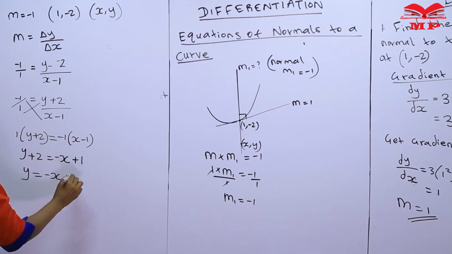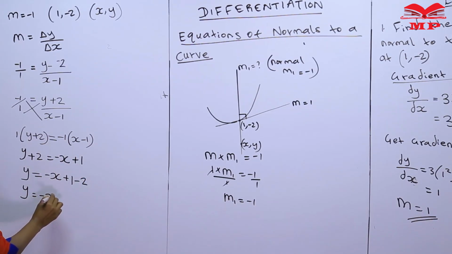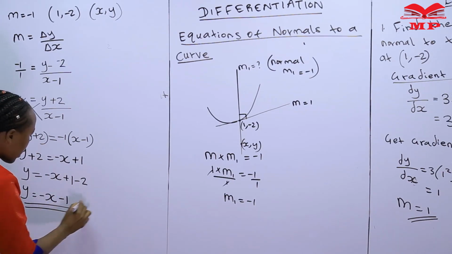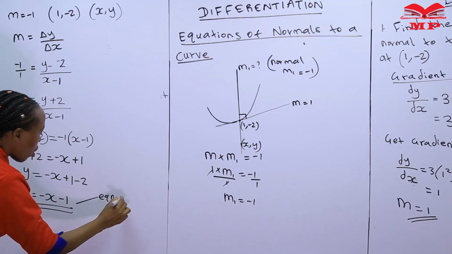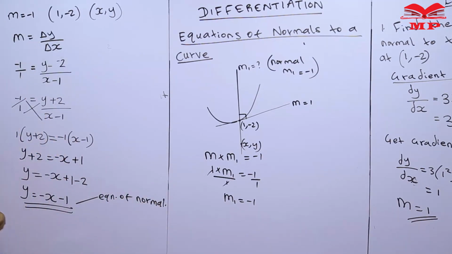We take 2 to the other side, we have -2. So our y will be -x, 1 minus 2, which is -1. And this is the equation of the normal.